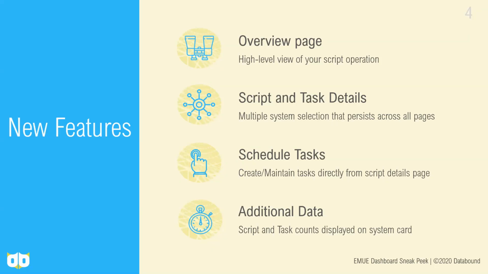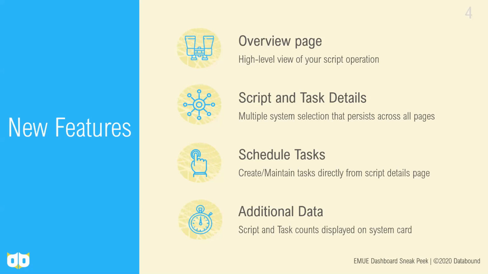This overview page is going to give you some information about your systems. It's going to tell you whether things are offline or not, and give you a summary status for your entire dashboard: how many scripts you have running, what status they're in, that sort of stuff.